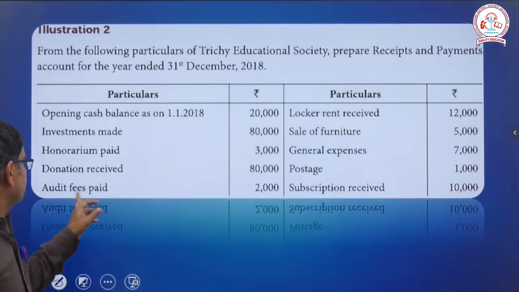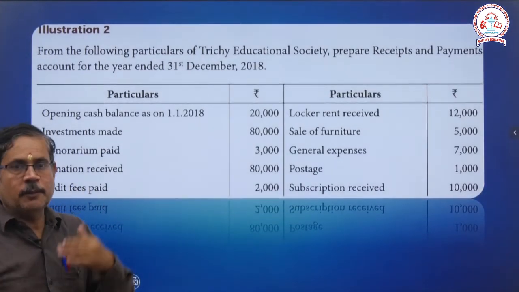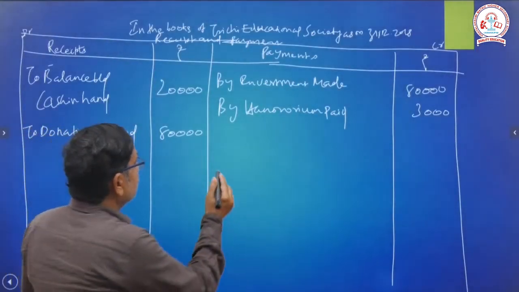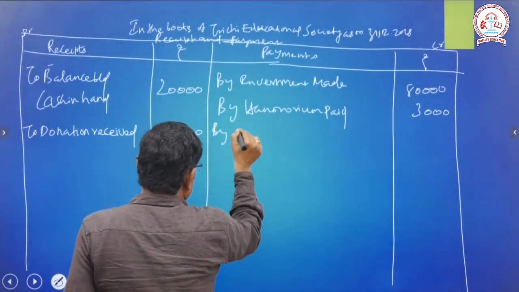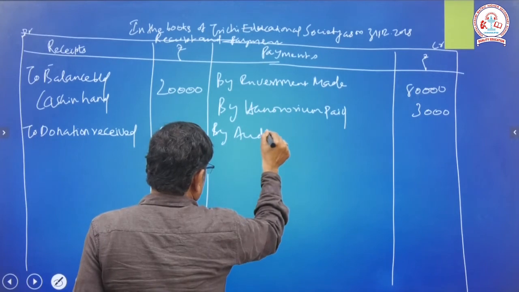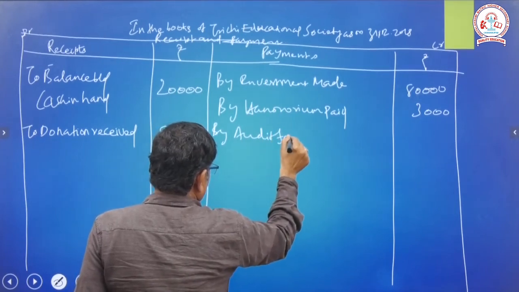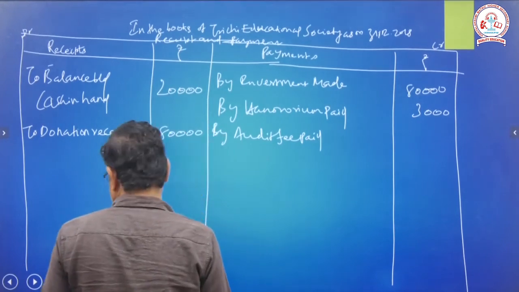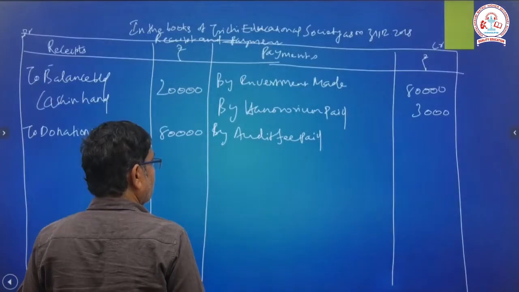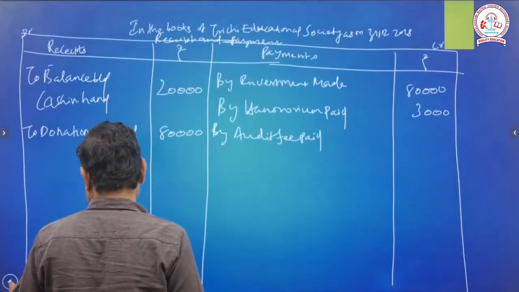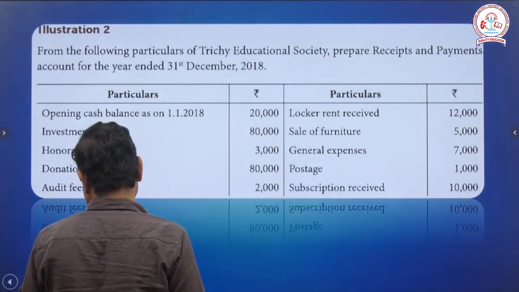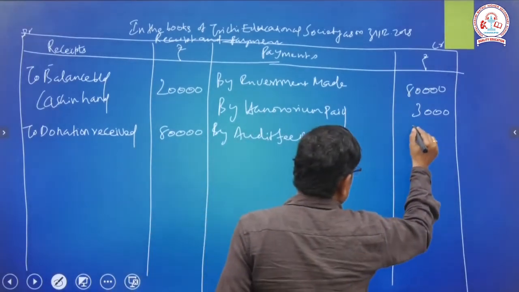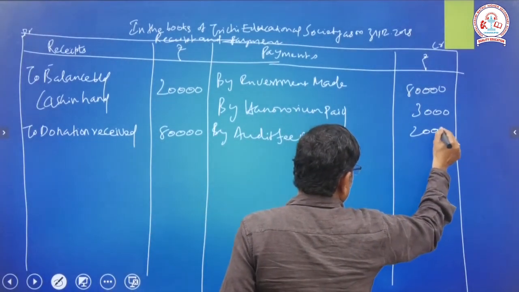Next, audit fees paid. So we are paying money. Rupees 2,000 will appear on the payment side. Audit fee paid rupees 2,000, and write the value here 2,000.